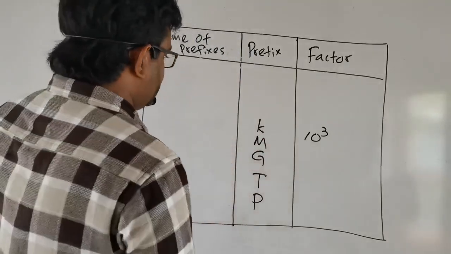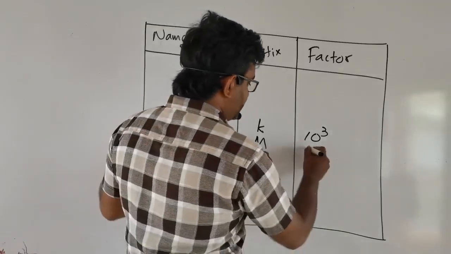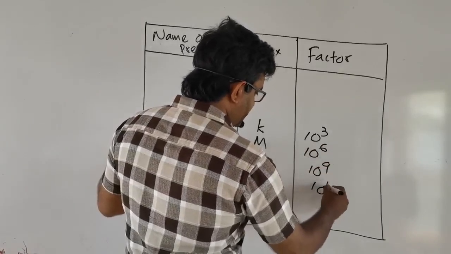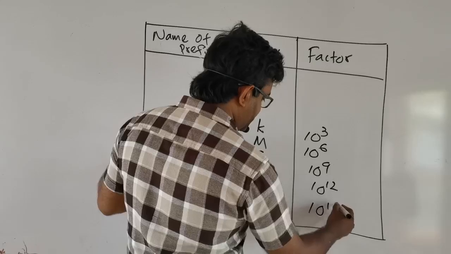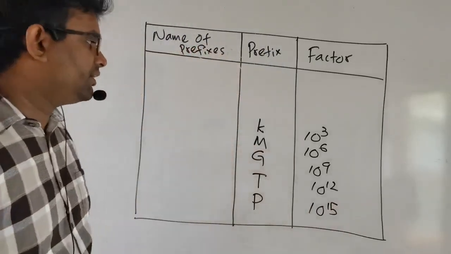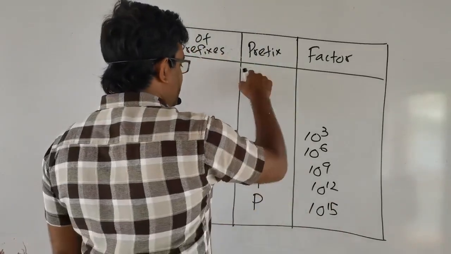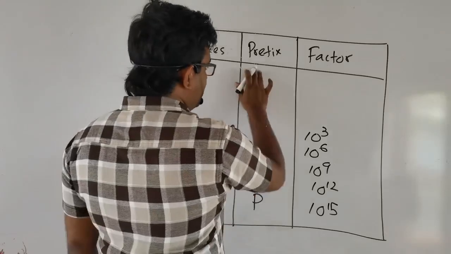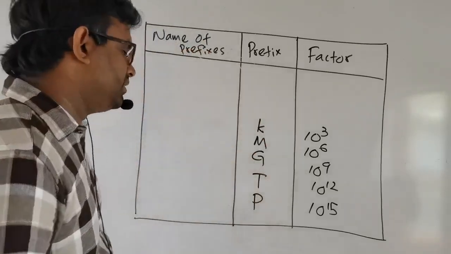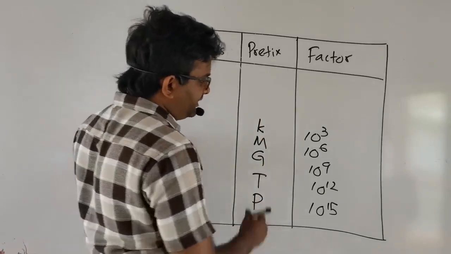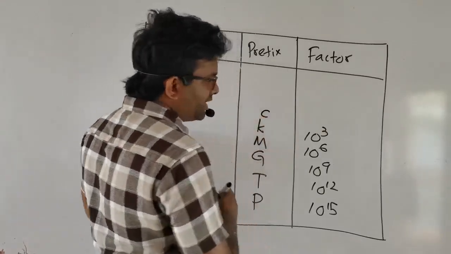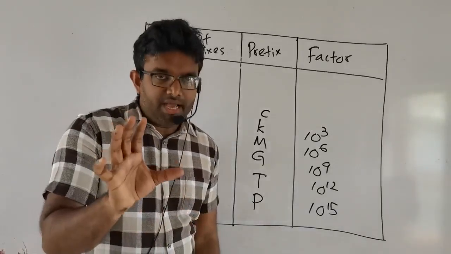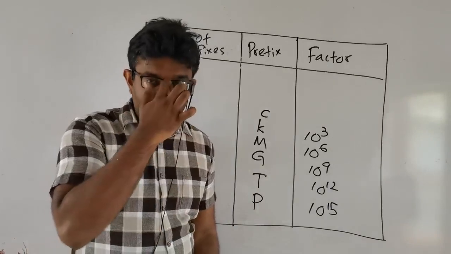That is 10 to the power 3, 6, 9, 12 and 15. These are capital letters. When we consider smaller values, first we discuss centi. You know we have 100 centimeters for 1 meter.